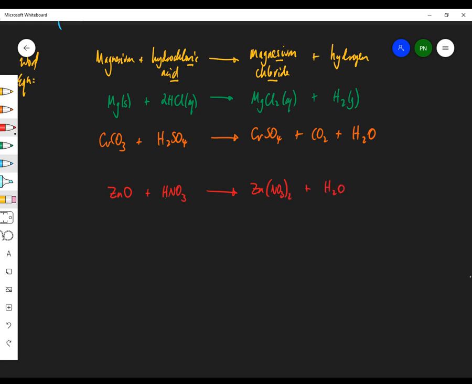And you're going to have 2 of those, and I think that's it. So that's metal plus acid, carbonate plus acid, and base plus acid. Don't forget what a base is. A base is a metal hydroxide or a metal oxide. That's what a base is.